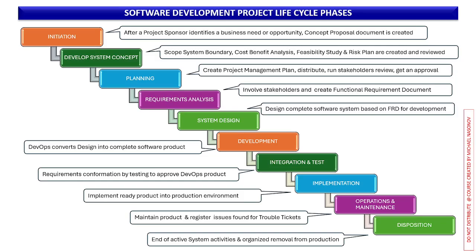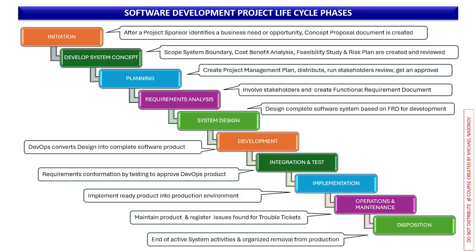System design. Based on the functional requirement document, design the complete software system for further development. Development. DevOps, or development operations, convert design into a complete software product. After which we continue with integration test. Requirements confirmation by testing to approve the software product developed by development.